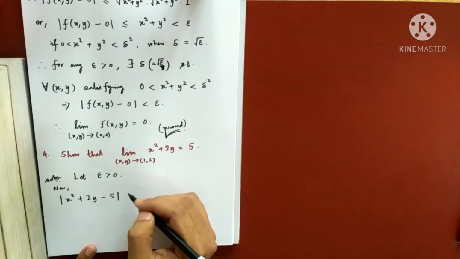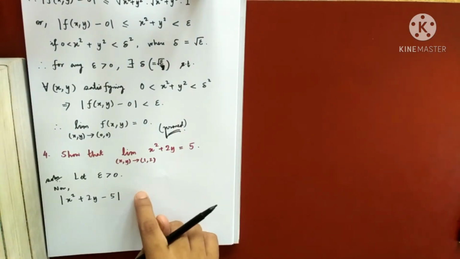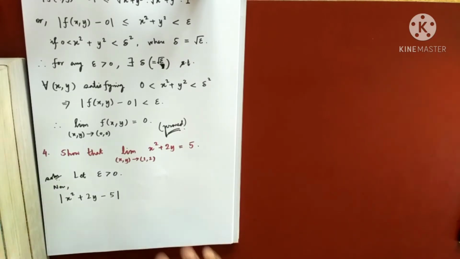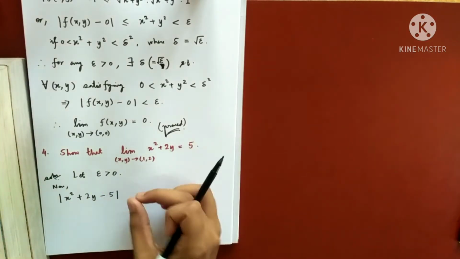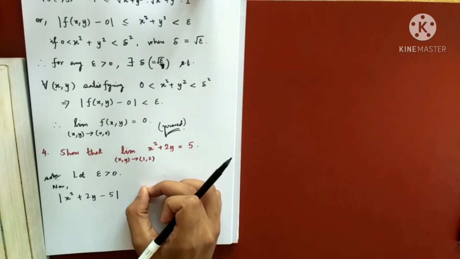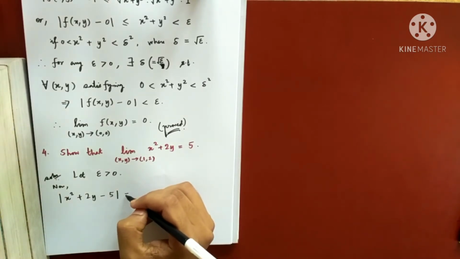I have to find all those (x, y) in some neighborhood for which this quantity is less than epsilon. Am I clear why I am doing this? Just following the definition. f(x, y) minus limit value, I will have to show this is less than epsilon whenever (x, y) lies in some deleted neighborhood. So here is some manipulation.